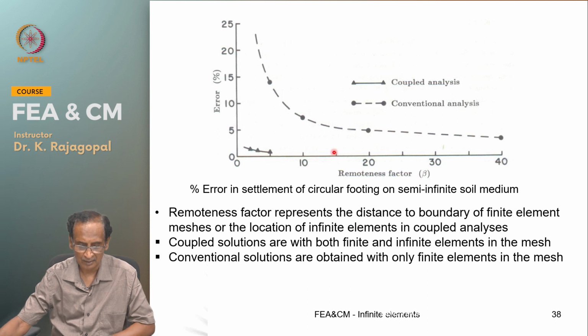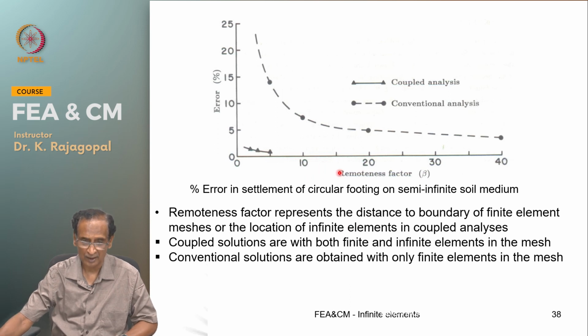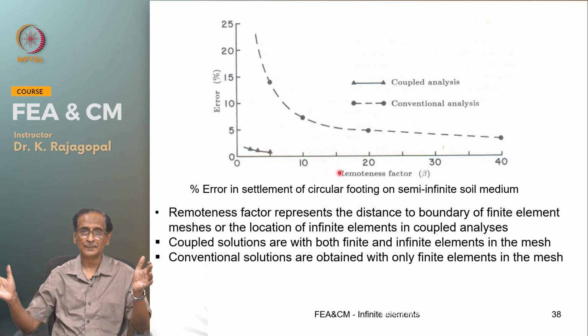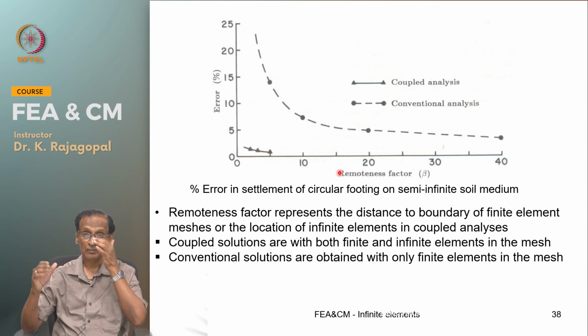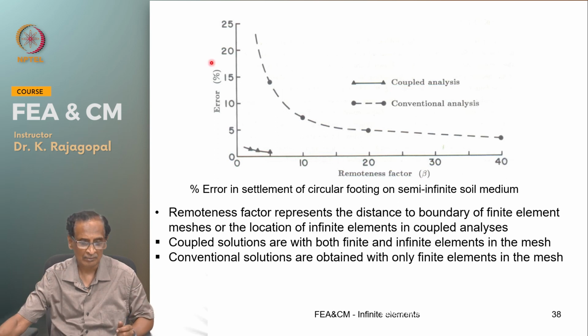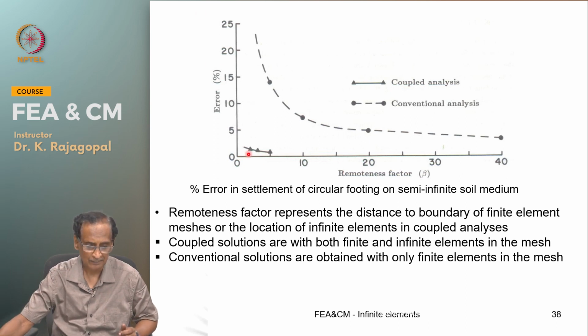And here is a plot between the remoteness factor, that is the distance up to the boundary in the case of finite elements, or the distance where the infinite elements are coupled with the regular finite elements, and on the y axis we have the error.